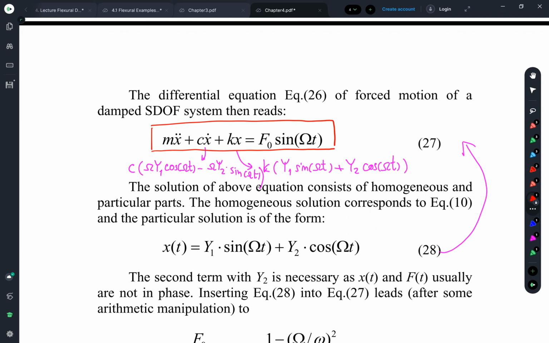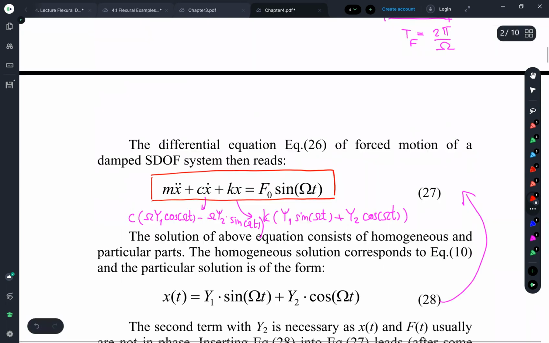For sure, the right-hand side is a sine function with frequency big omega t. Therefore, on the left-hand side, I'm pretty sure that we need the same frequency of vibration to make the left-hand side equal to the right-hand side.